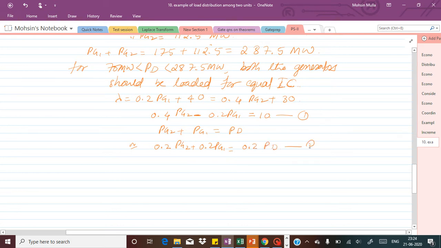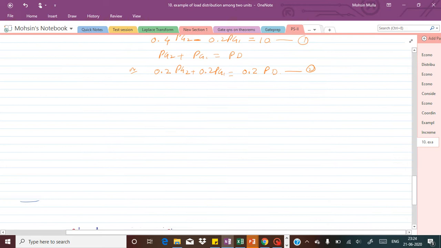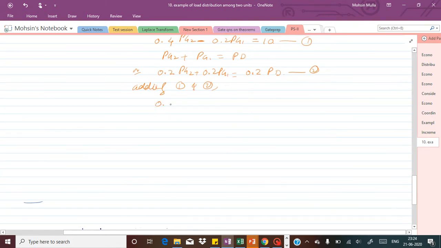Adding equations 1 and 2, 0.2 plus 0.4 gives 0.6 Pg2, the second term gets cancelled, and on the right hand side it will be 10 plus 0.2 PD. Or you can write Pg2 equals 1 divided by 0.6 times (10 plus 0.2 PD).